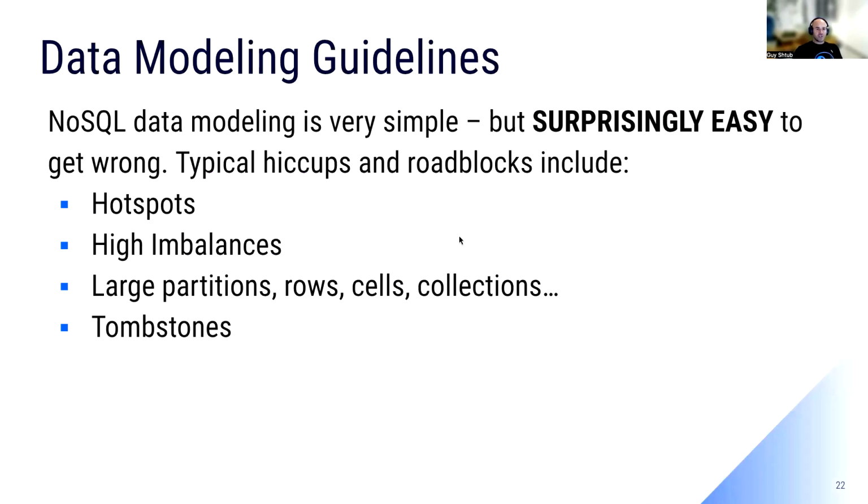Okay, so there are some things that are easy to get wrong. It can seem easy, but things like hotspots, imbalances, large partitions, and tombstones, which are more advanced, and I'll try to talk about these as well.